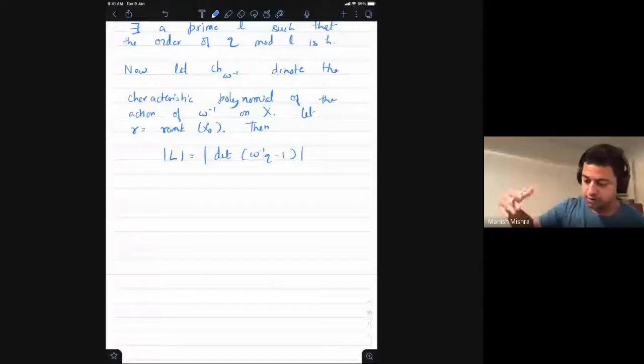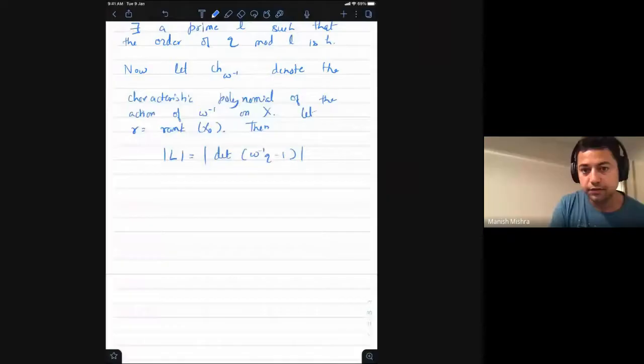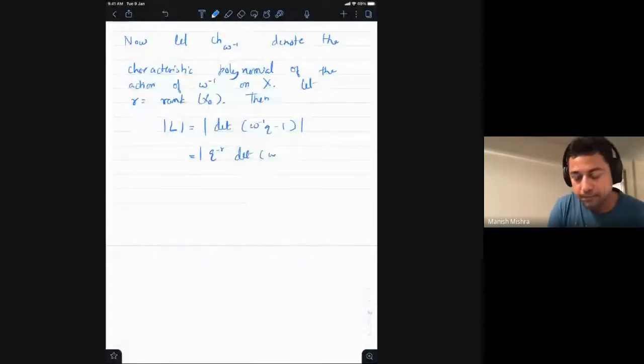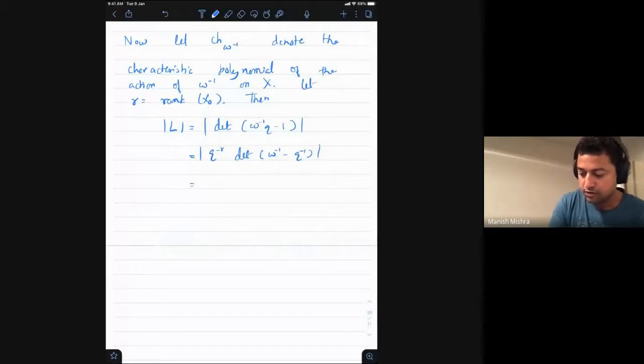Therefore its volume is this, and then you can take out q, so you get q to the power minus r times the determinant of omega inverse minus q inverse, which is the same as q to the power negative r times the characteristic polynomial of omega inverse evaluated at q inverse.